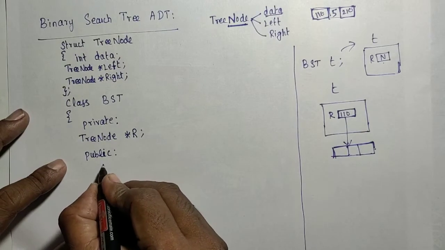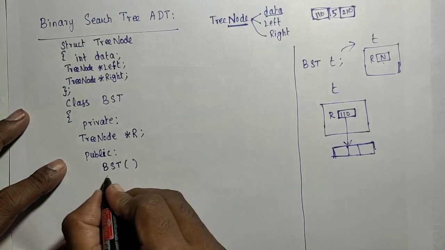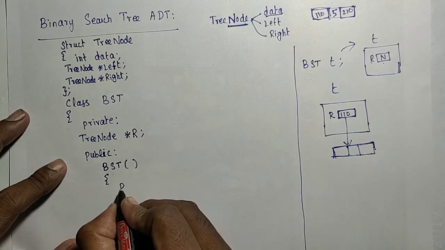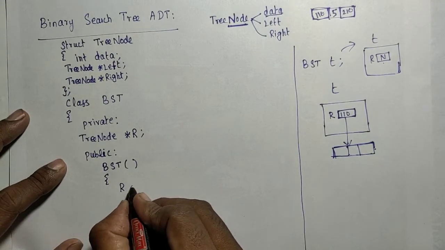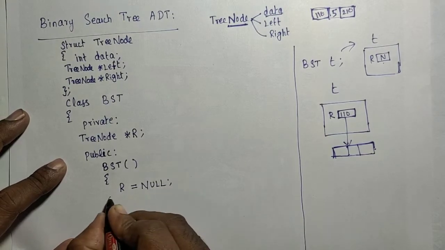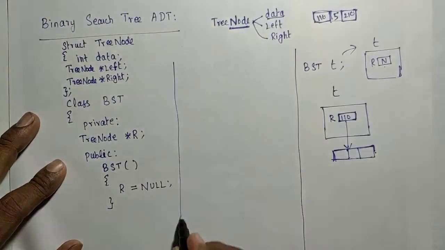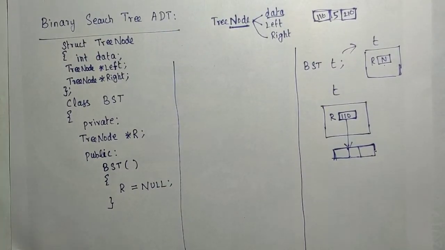So add the constructor BST of, no need to pass anything, I just have to assign R equal to null, and then finish it. Correct. So in the constructor we have initialized R with null.